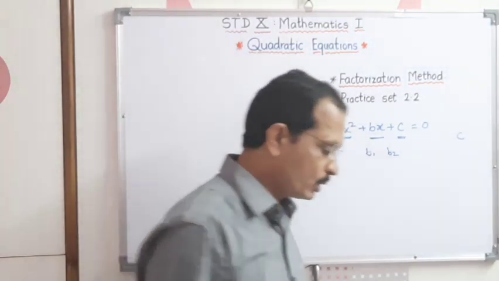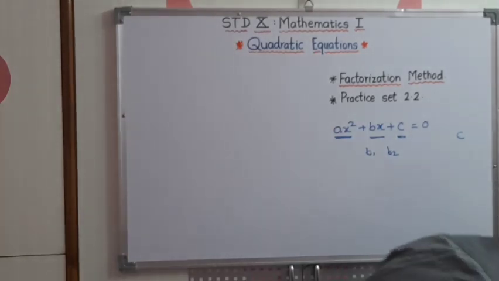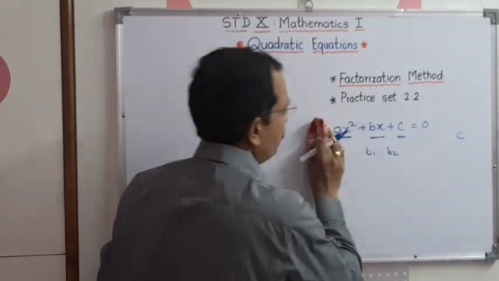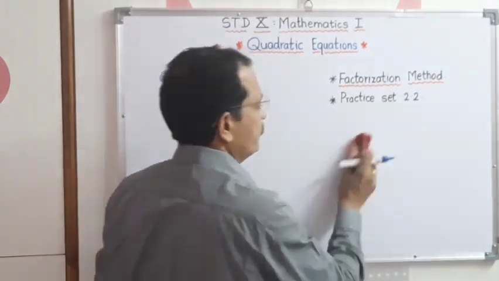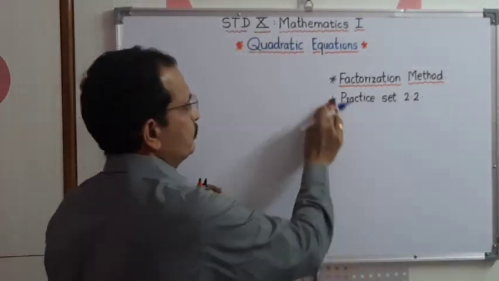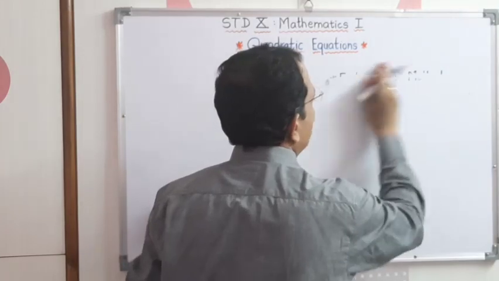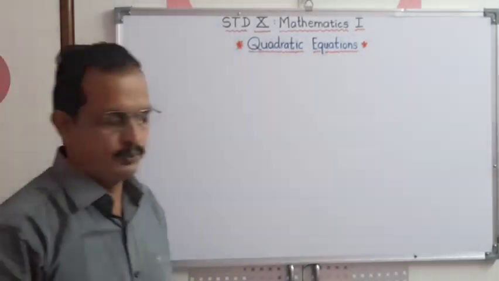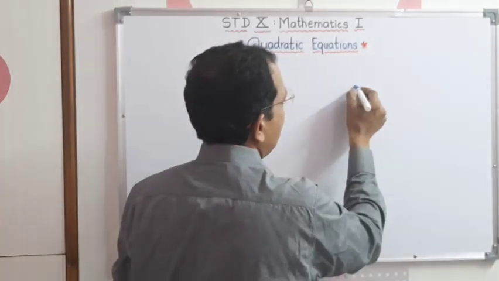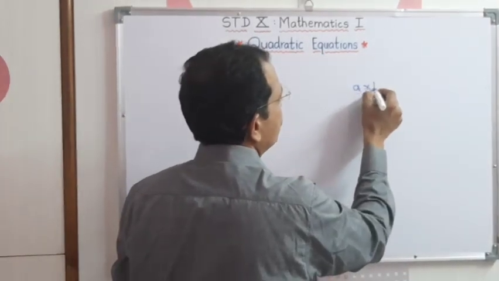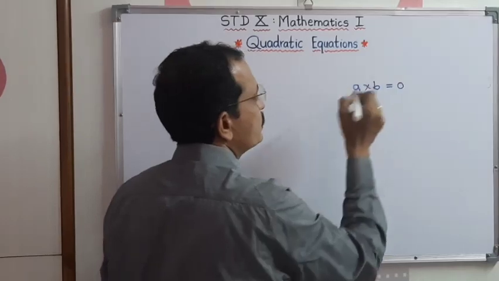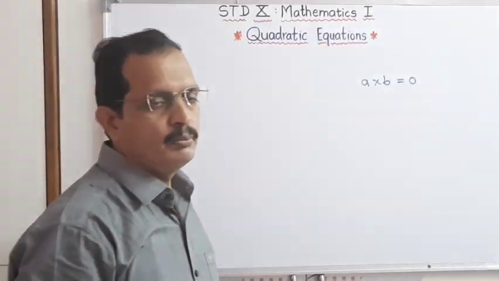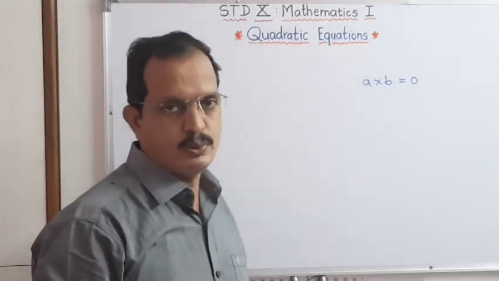Before that, one more concept I want to clear with you. Suppose the multiplication of any two terms is 0. Suppose a into b is equal to 0. Then out of these two terms, one term must be 0.